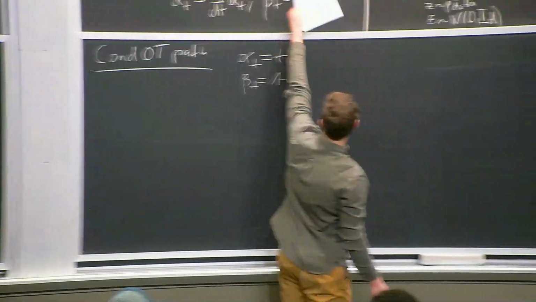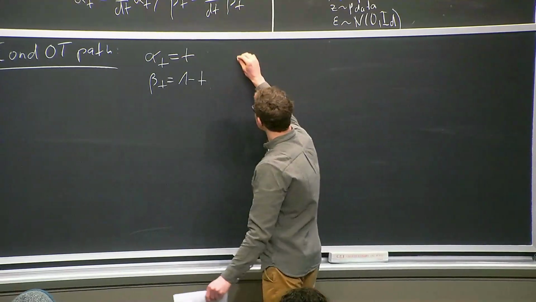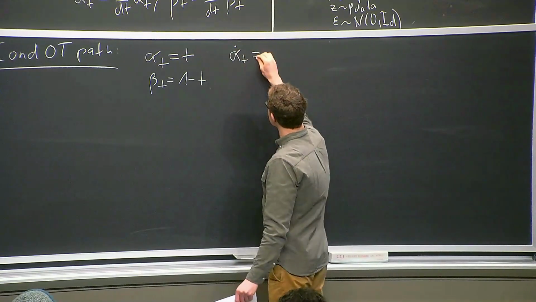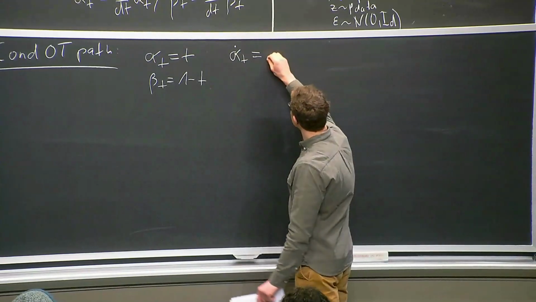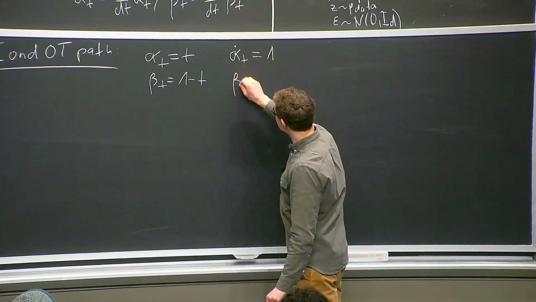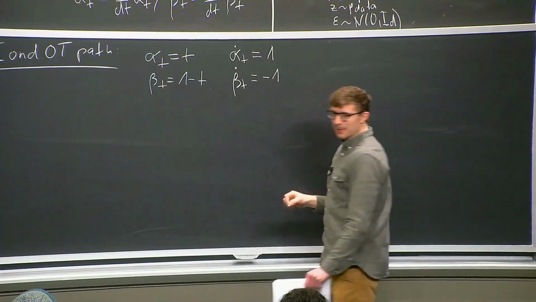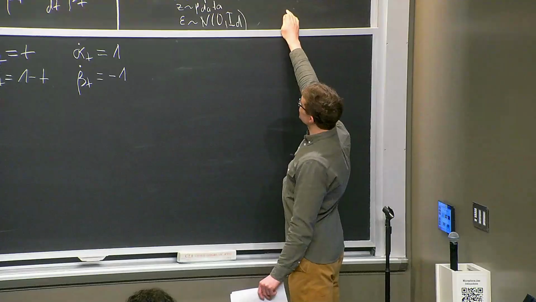They only have to go from 0 to 1 and 1 to 0, and they fulfill this. So what's alpha t dot? 1. What's beta t dot? Minus 1. Okay, so I'm going to plug that in now.